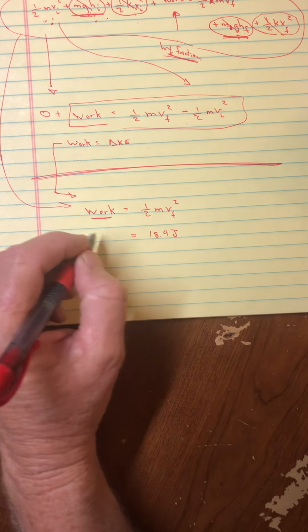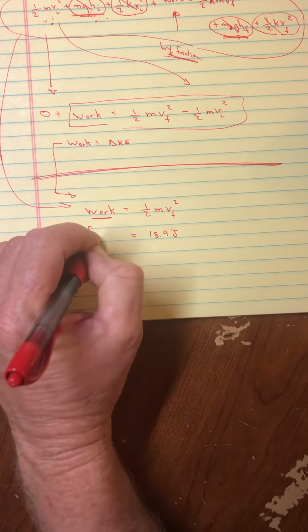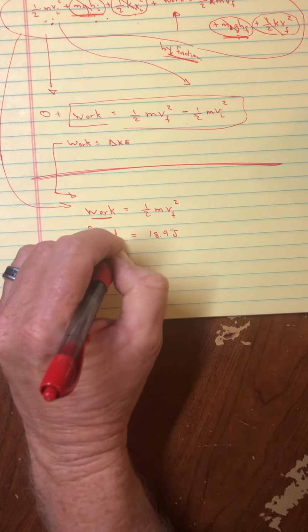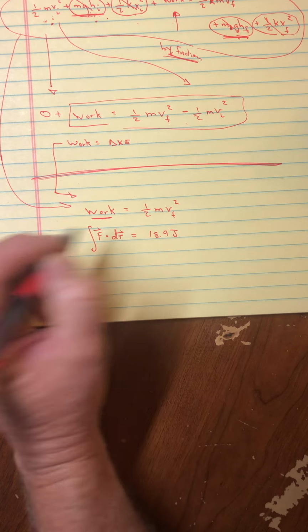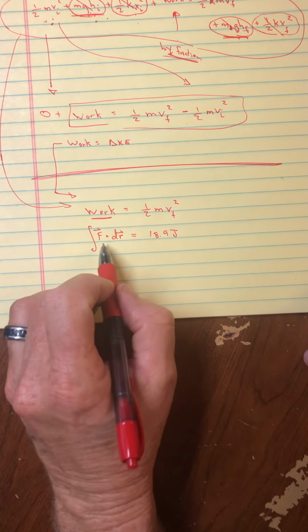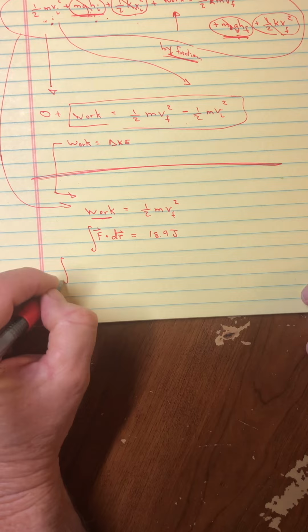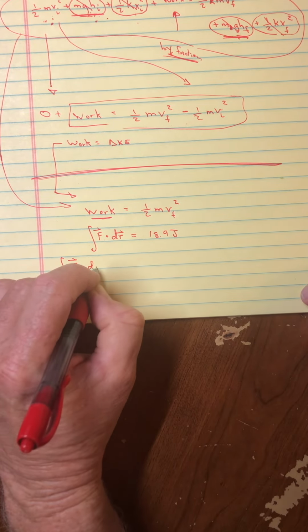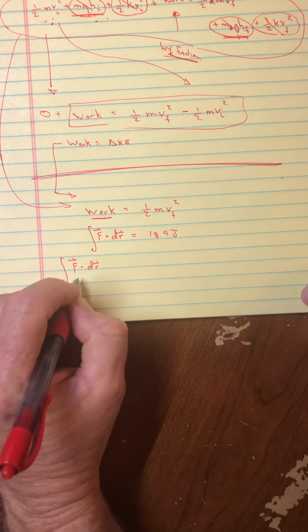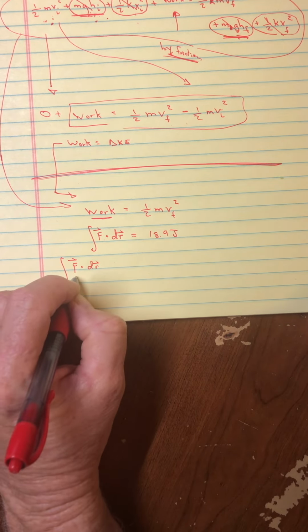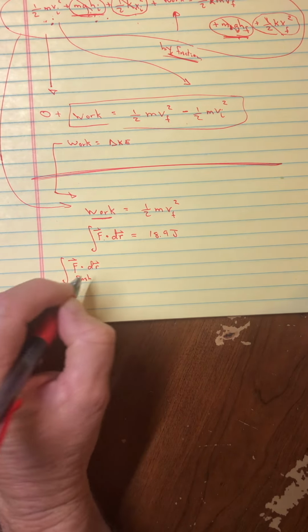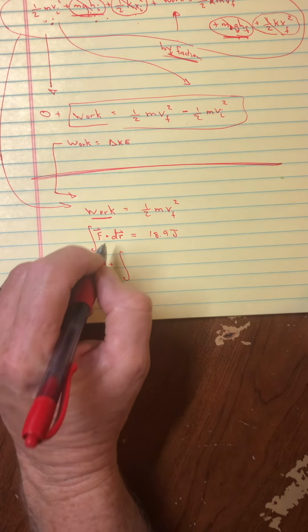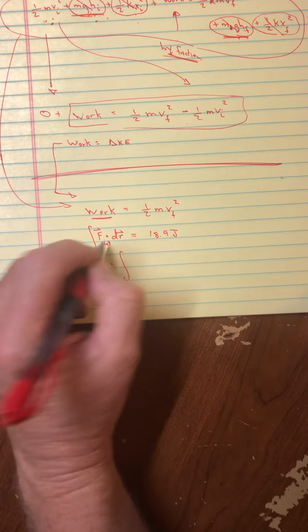And so when I say the integral of F dot dr, I can say that force is made up of a push and, maybe I should have put here net force, okay.